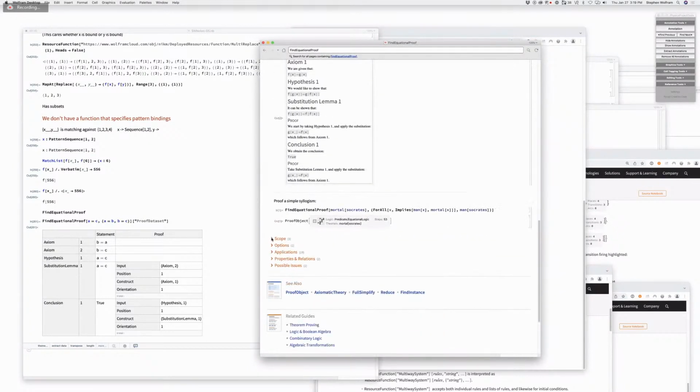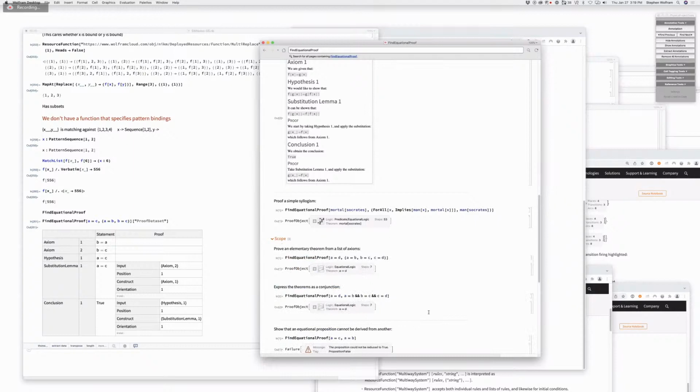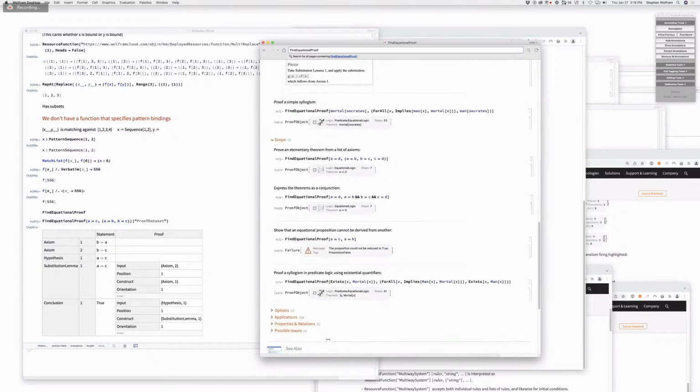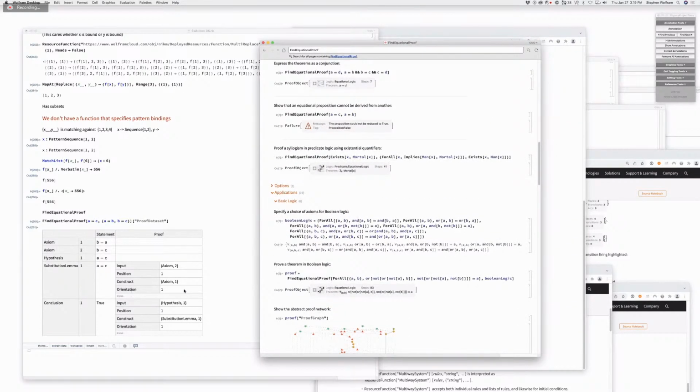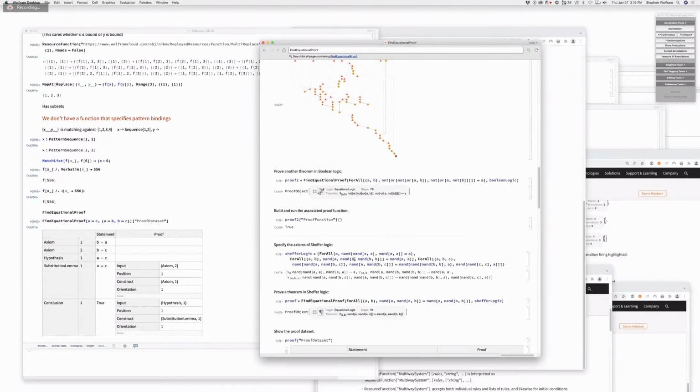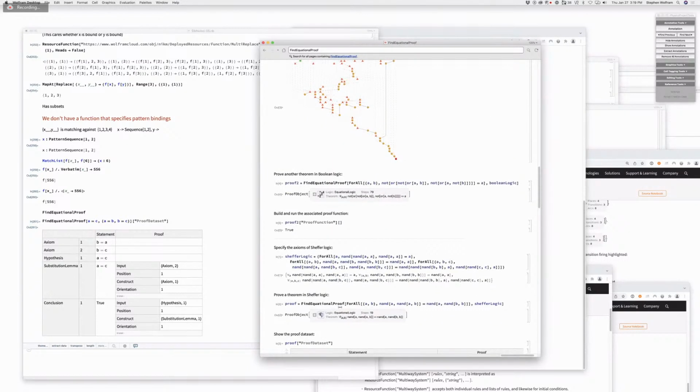Where's a more complicated example? Give me a more complicated example. Oh, for goodness sake. We should fix these examples. These are ridiculously overcomplicated. Well, in any case, the point that I'm making is, oh my gosh. Okay, there's one that's at least somewhat smaller.